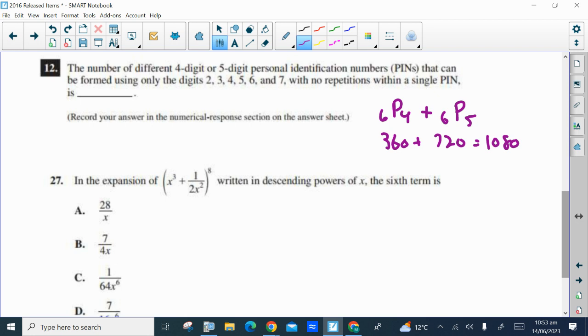In this expansion written in descending powers of x, which is how we normally do it, what is the 6th term? So we use the general term formula. T sub k plus 1 equals nCk x to the n minus k y to the power k.